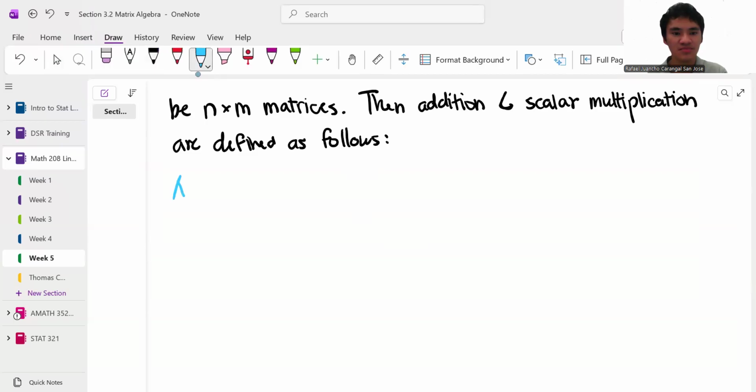Here again we look at a couple of buzzwords: addition and scalar multiplication.